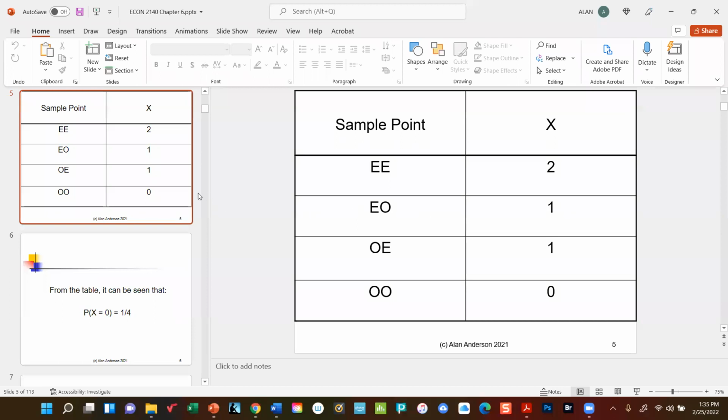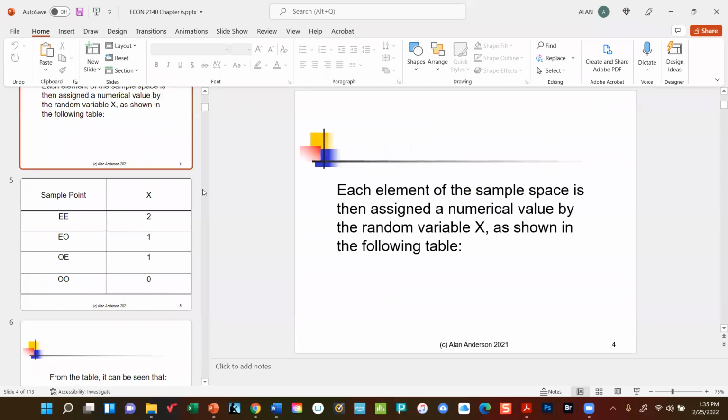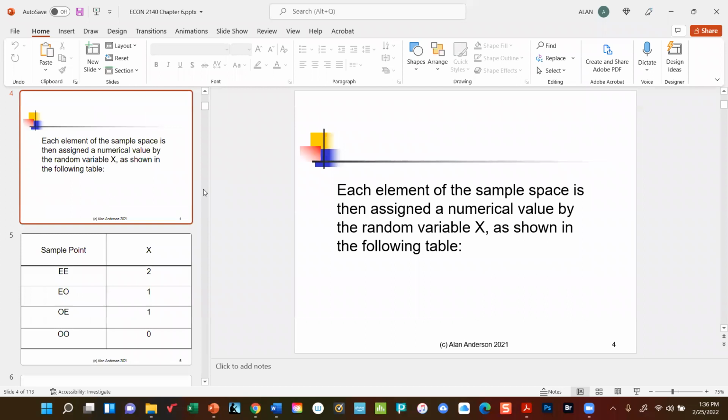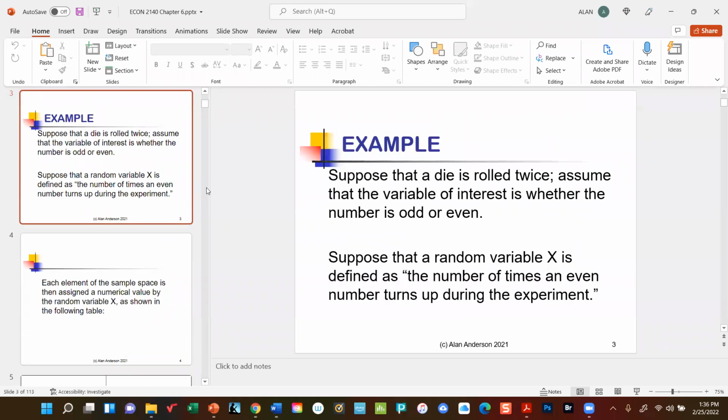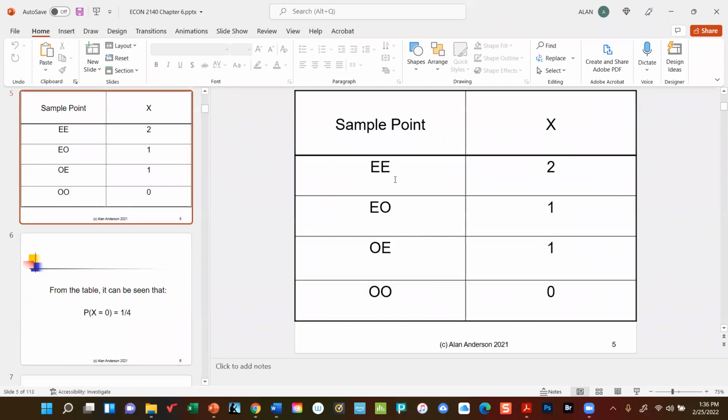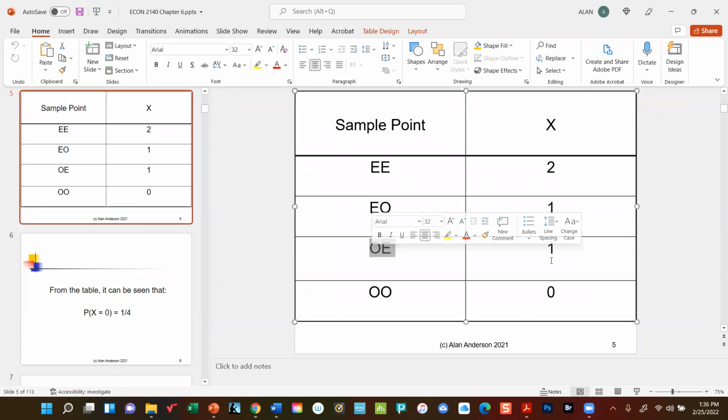If we're interested in evens, then we might define X to be the number of evens that turn up during the experiment, which means that each point is assigned a value by X. So in other words, when we have 2 evens, X is 2. When we have EO or OE, X is 1. And for OO, X is just 0. That's pretty straightforward. We're taking all the actual outcomes and turning them into X's.